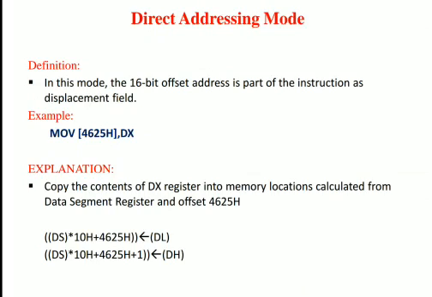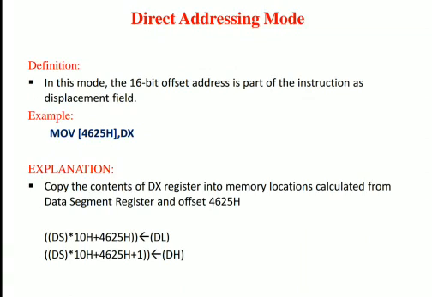See the example, MOV [4625H], DX. What we have to do here is move the content of the DX register to the memory location whose address is calculated by using this offset address 4625H and the data segment register.